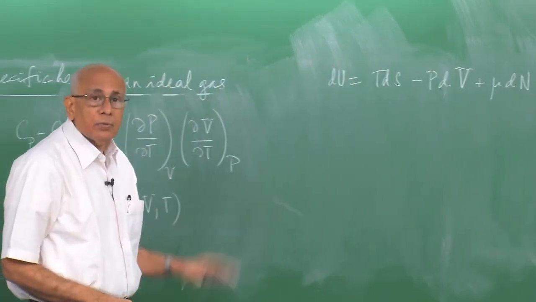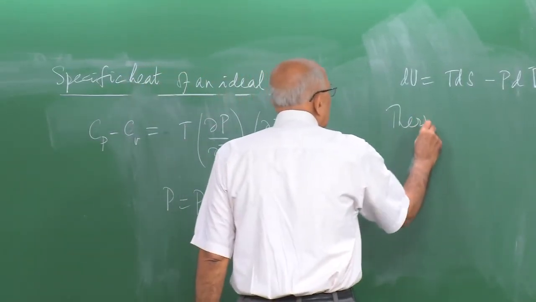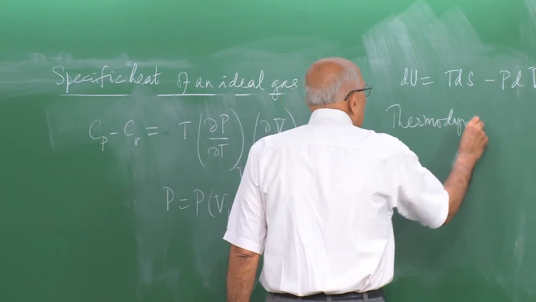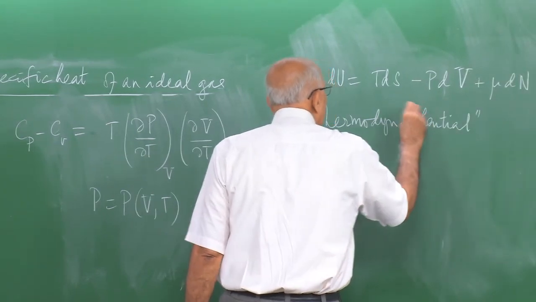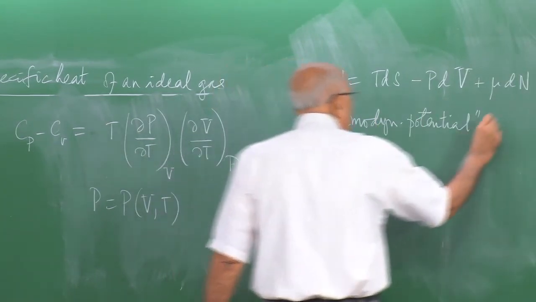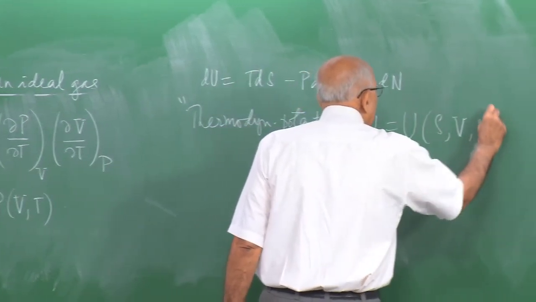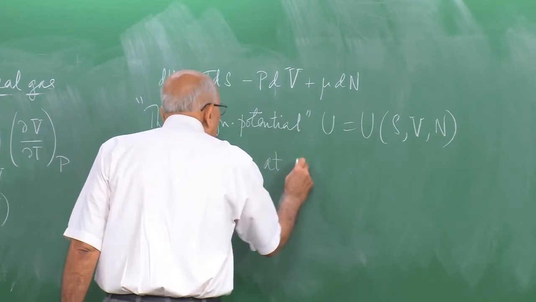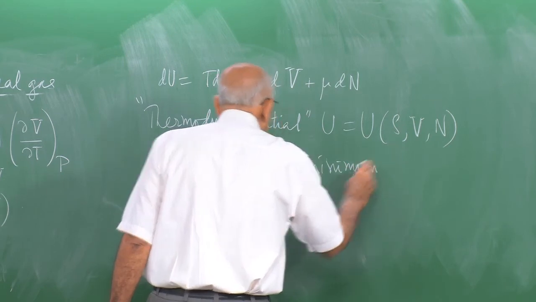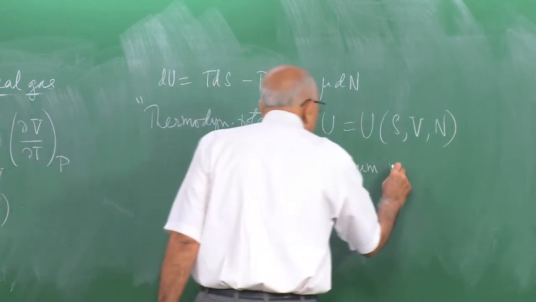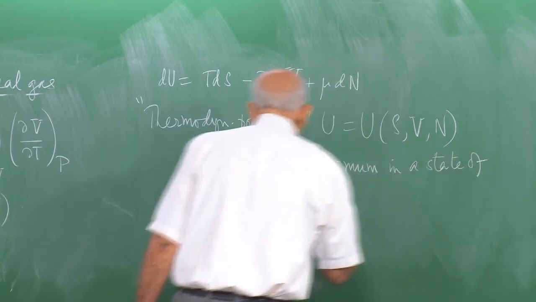So that is the generalized first and second laws together, and this corresponded to a thermodynamic potential U, which is a function of S, V and N, and is at a minimum in a state of thermal equilibrium.